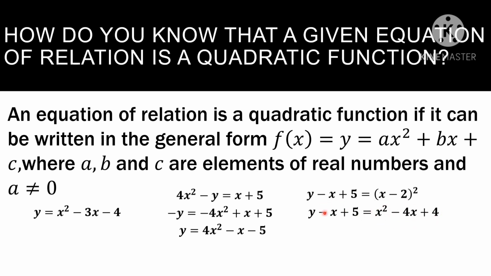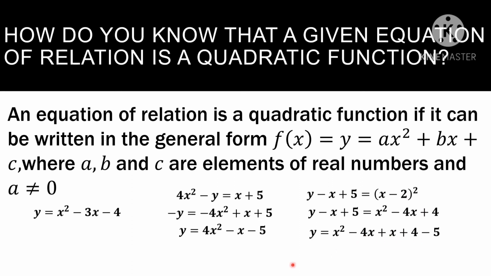Then you have to transpose this negative x to the right side, same with positive 5 constant to the right side. So it will become now y equals x squared minus 4x plus x, because this negative x transposed to the right side will become positive x, and this positive 5 will become negative 5.